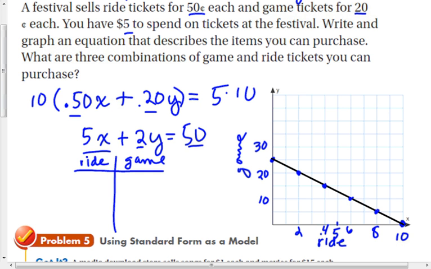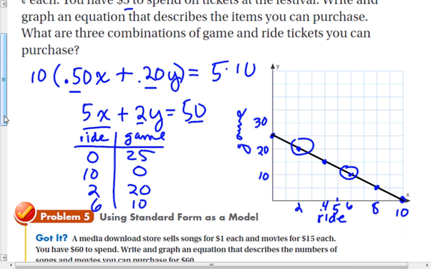One possibility is 0 ride tickets and 25 game tickets. 10 ride tickets and 0 game tickets. This point here represents that I'm buying 2 ride tickets and 20 game tickets. This point right here represents that I'm buying 6 ride tickets and 10 game tickets. So those are some possibilities. Go ahead and practice that.